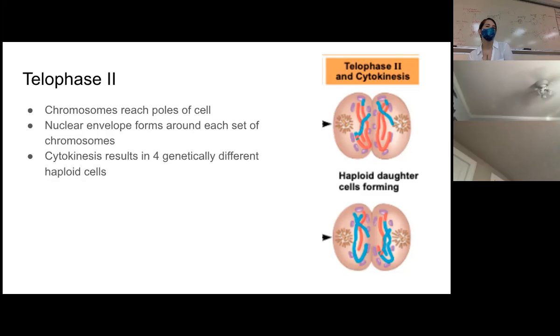Where do the 2 pairs at the very beginning come from? So what happens, this is our original cell, right? This is our OG cell, okay? It goes through interphase when it copies its DNA.